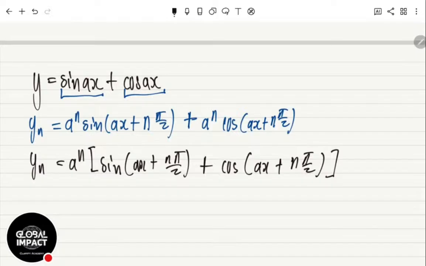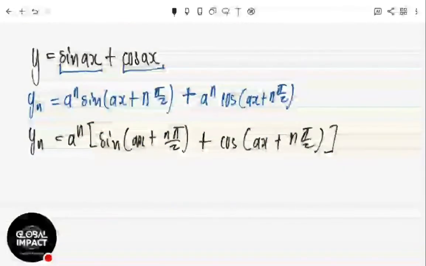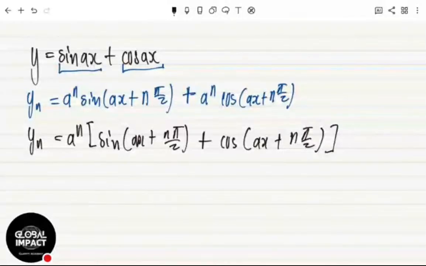Now, what are we going to have here? Remember, this is our y to the n. Can you all see that? Now what we can do to make our work easier for ourselves is maybe have it in terms of one variable only.